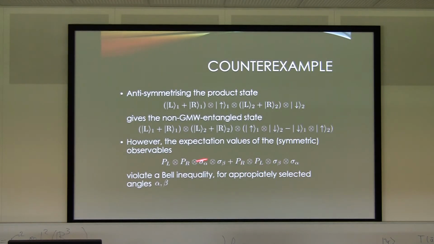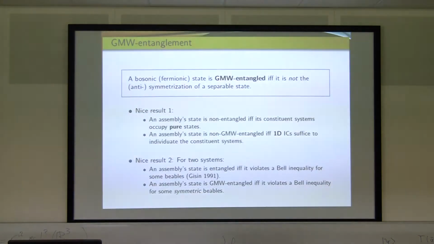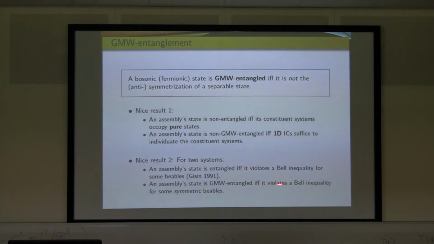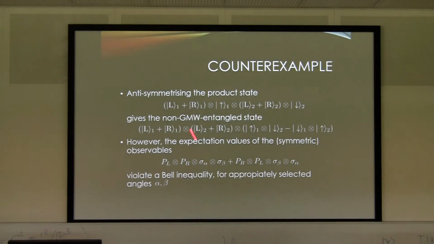You can just work this out and you will see that you violate the Bell inequality using the standard Bell angles for alpha and delta. So these are symmetric observables. According to this statement, it should be GMW entangled, but it's not. So this is a counterexample.